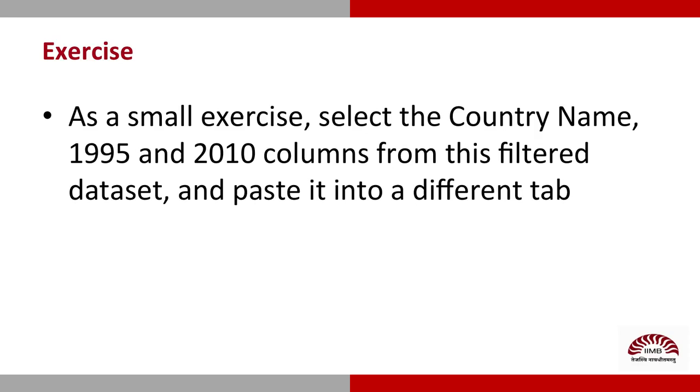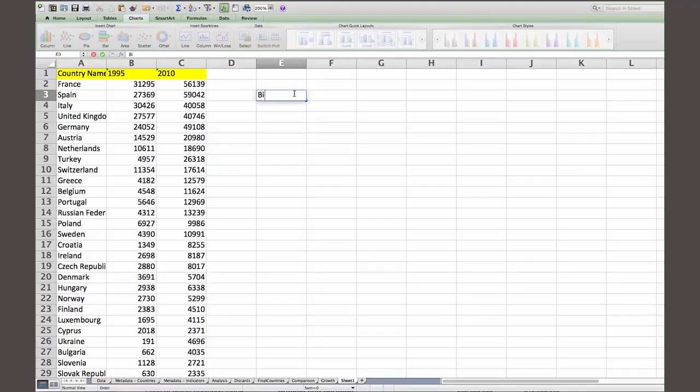So we've transferred the countries in the European and Central Asian regions into a new tab. So I start with my bin size of 2000, of course. My bins are here, year 1995 and year 2010.